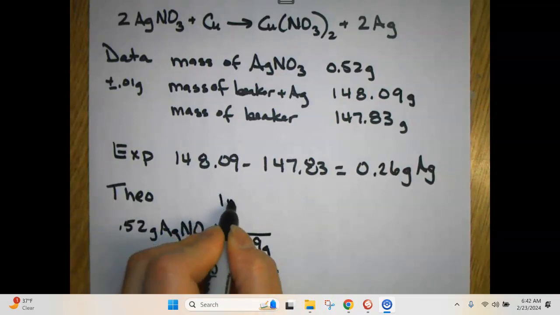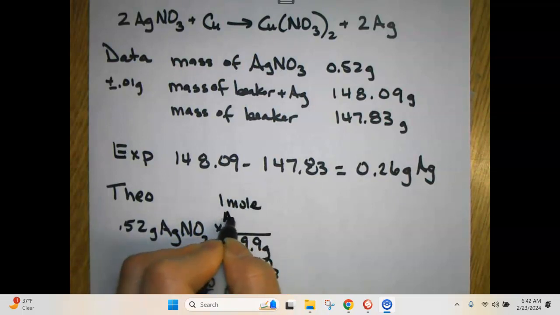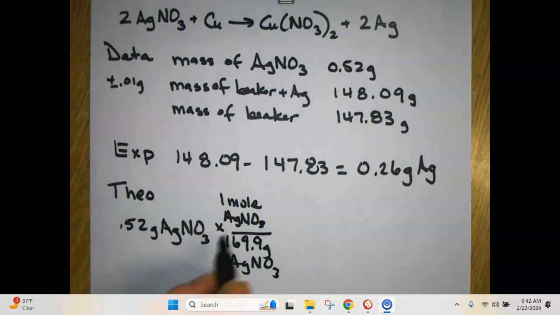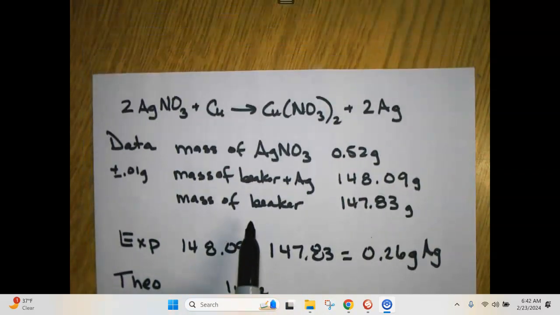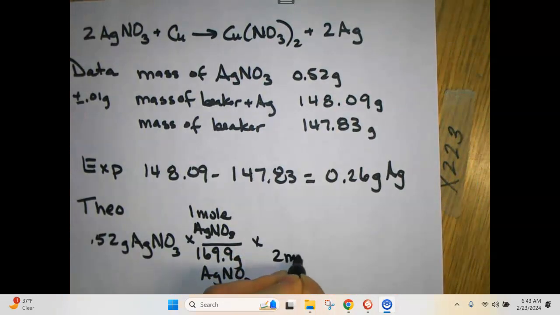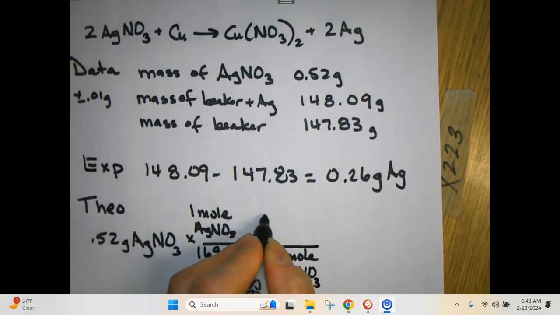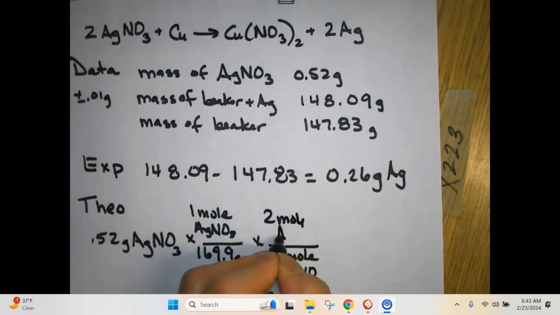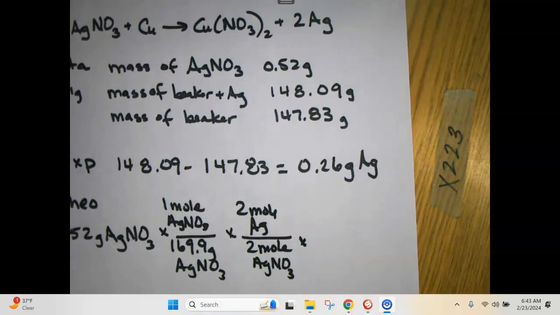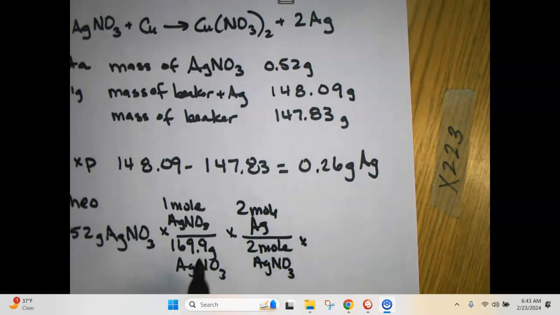I know that for every 1 mole of silver nitrate, I've got 169.9 grams. I know that from the balanced equation, the mole ratio is 2 to 2. And then I've got to convert from moles of silver to grams of silver so that I can compare to my experimental.